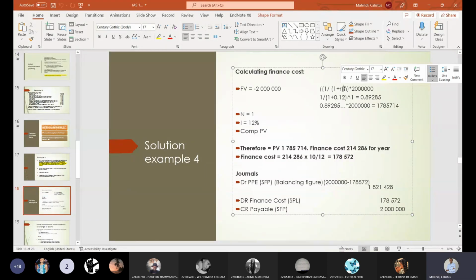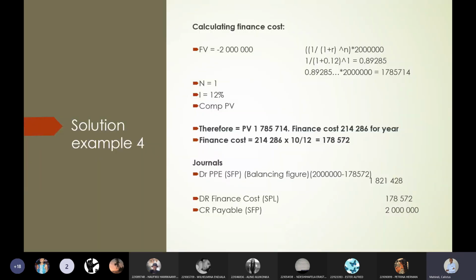Let me try and insert that symbol. Okay, so that's to the power of n. N is the number of years, and for the purpose of this example, the number of years is 1.